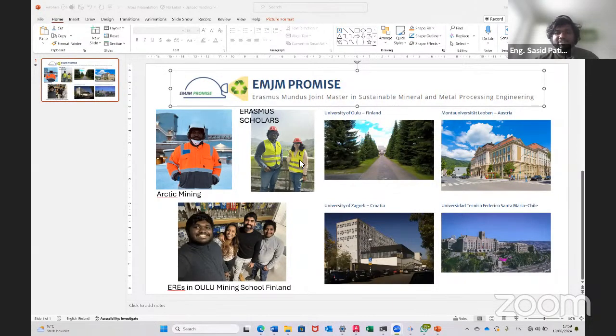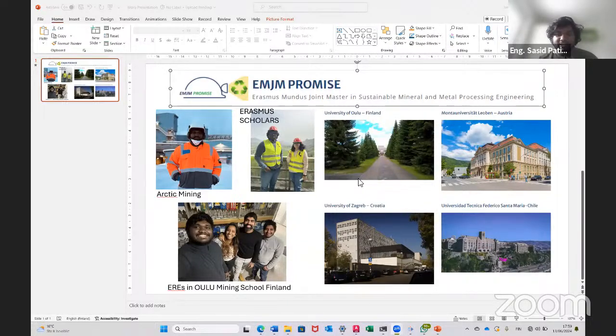On my behalf, I believe women mining engineers have more opportunities these days, because in my program there are 17 of us from all around the world, and more than half of them are women mining engineers. I'm happy to say that along with me, two other Sri Lankan earth resource engineering graduates, women, got the chance to get this valuable opportunity.